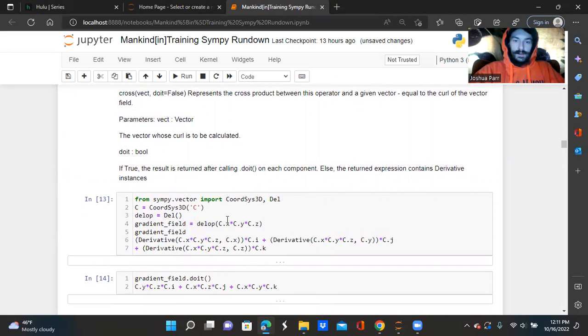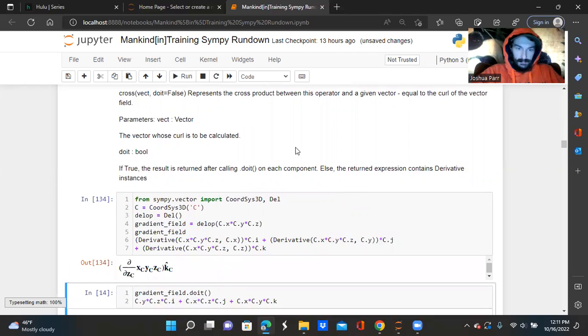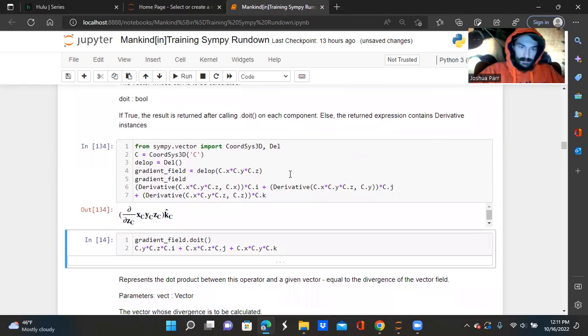If it is true, you're going to want to do it on the component. And if it returns false, it will contain the derivative instances. Run this, and we get the derivative of zc, xc, yc, z of c, and k hat of c.